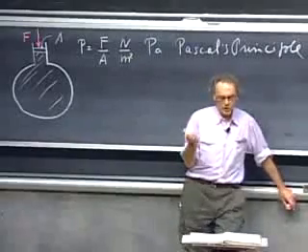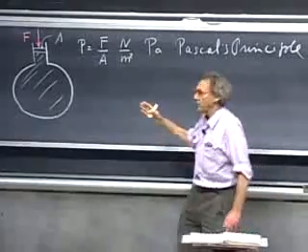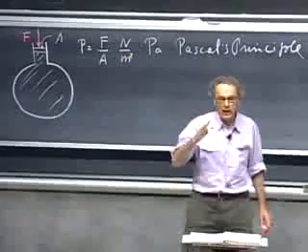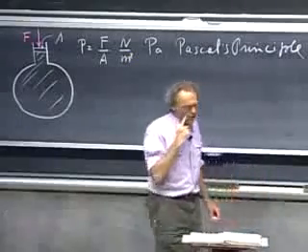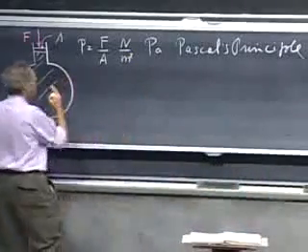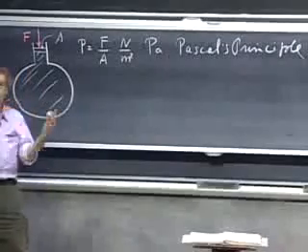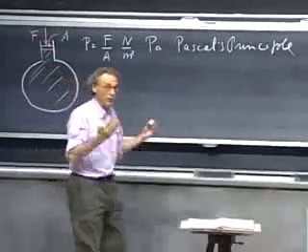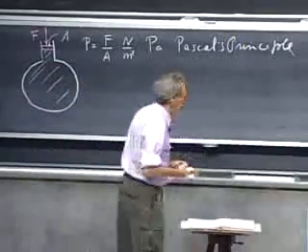And the force exerted by the fluid on anything, therefore also on the wall, must be everywhere perpendicular to the wall. Because if there were any tangential component, then the fluid would start to move. Action equals minus reaction, so it starts to move. And we are talking here about a static fluid.